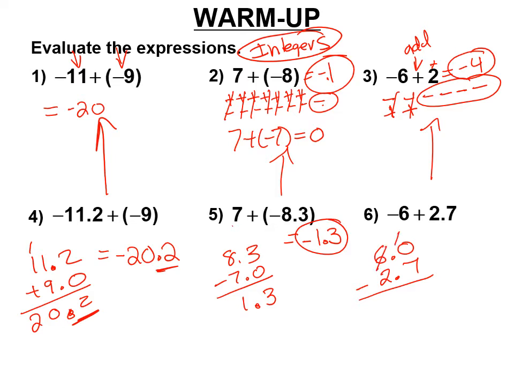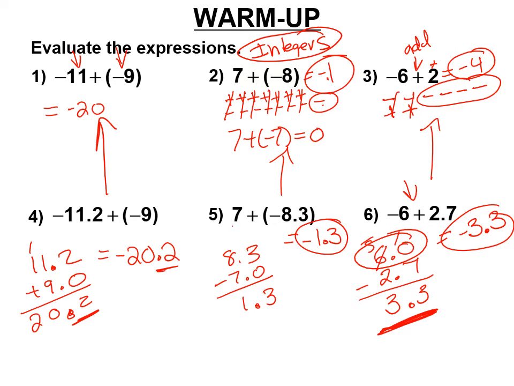We're going to borrow, bring the decimal down, and instead of getting negative 4, we get negative 3.3. This is probably the hardest one because some of you may have tried to do it in your head. Whenever you have borrowing in your head, mistakes happen, so be careful of that. You come to the side and do a little subtraction and you're fine.